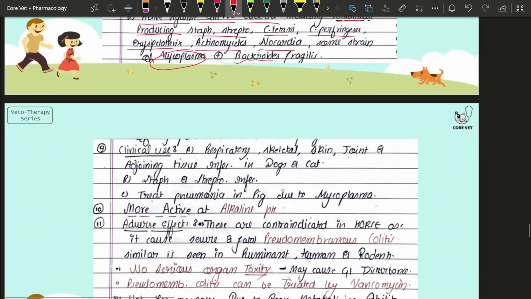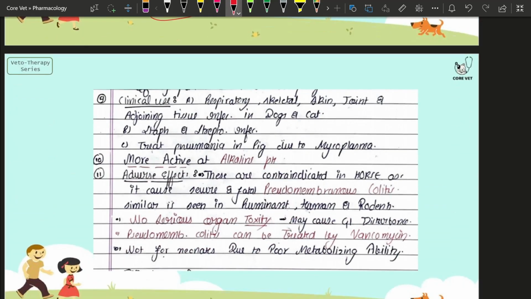Right? If we discuss the clinical usage of the lincosamide, it treats infections related to the respiratory tract, skeletal muscles, skin, joint, and adjoining tissues, okay, in dogs and cats. Staph and strepto infection could also be treated by this particular class of drugs.